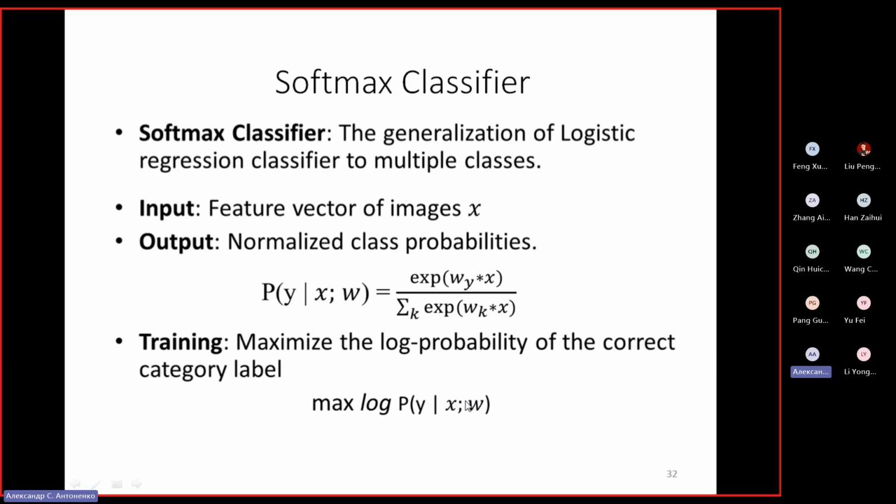So we change coefficients omega, and for each object X we find this probability of Y, and we maximize the logarithm of this probability.